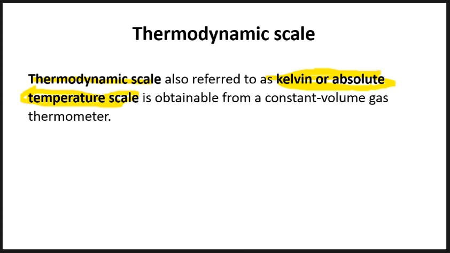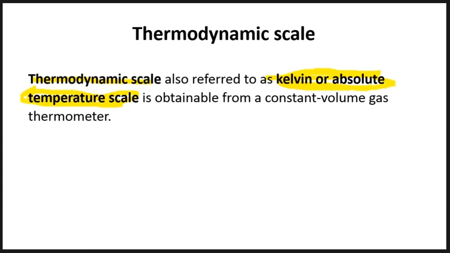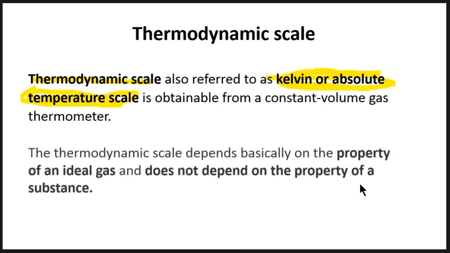So it is on this basis that the thermodynamic scale is derived. Based on my explanation so far, the thermodynamic scale does not and will not depend on the property of a substance or thermometric property, but it basically depends on the property of an ideal gas. So take note of that.